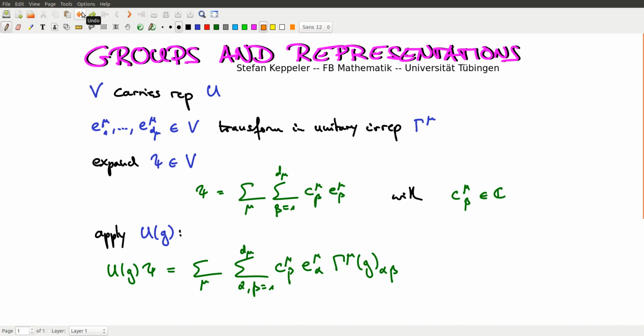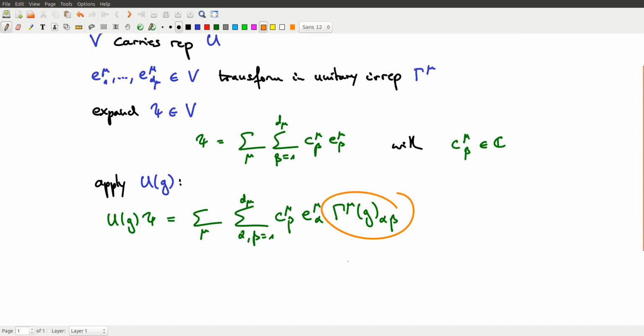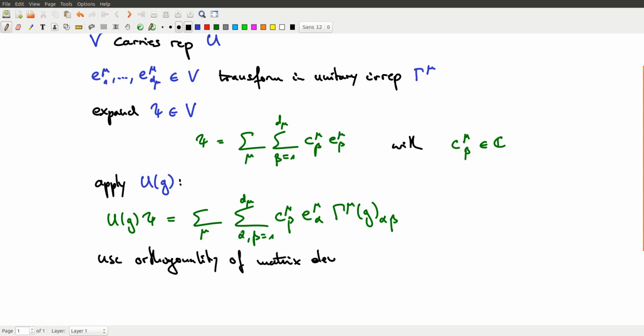Okay, now we have these matrix elements showing up here, and now let's exploit the orthogonality of matrix elements. That is, we multiply with some other representation matrix elements and sum over all group elements.